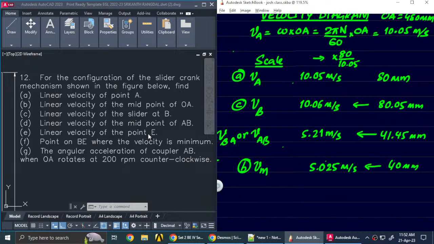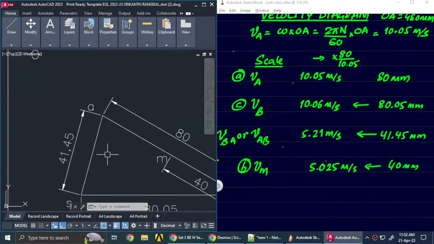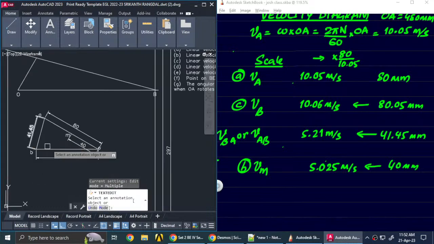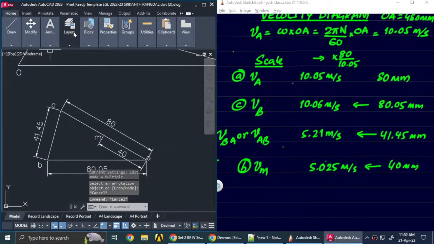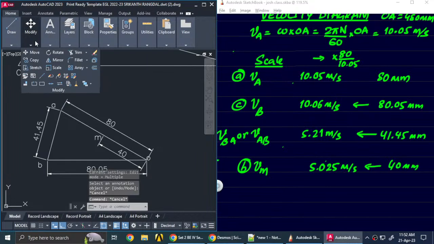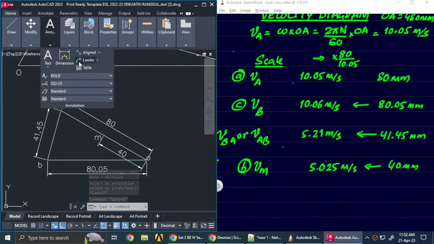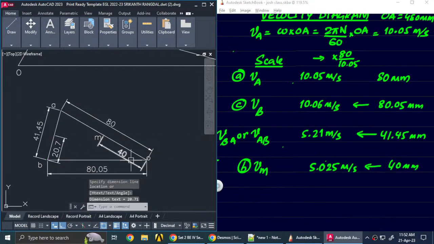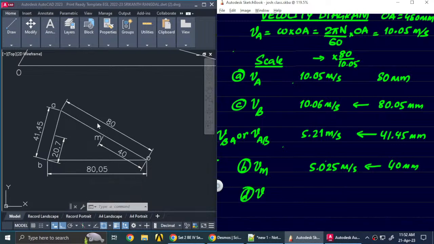Okay, midpoint of AB. If you want to find velocity of midpoint of AB, here this is B. Midpoint of AB, because it's going to be halfway through that length, so this is the velocity of the midpoint of AB. So for the d bit, let's call this point n.